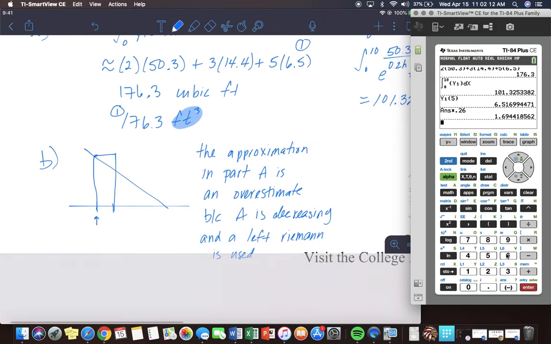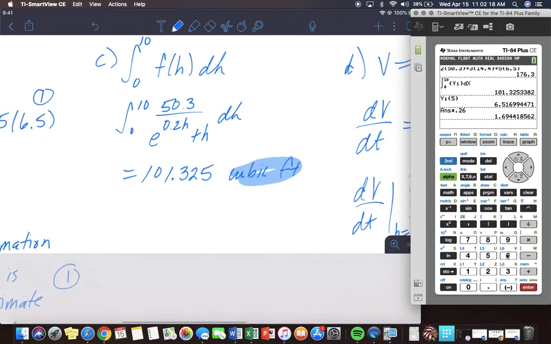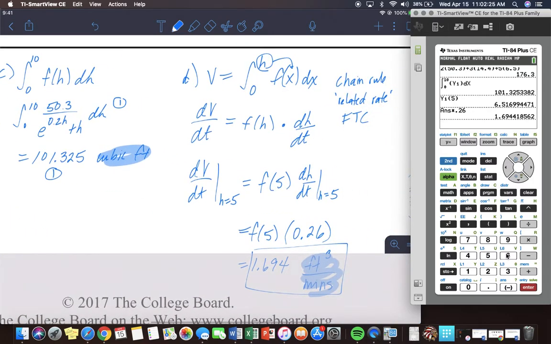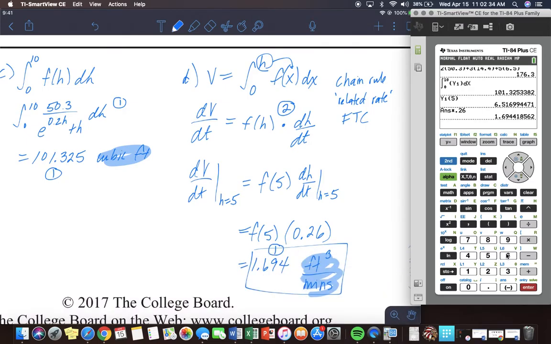In part B, it's just 1 point for your answer and your justification, or saying that it's an overestimate with your reason. In part C, you'd have 1 point for your integral and 1 point for your answer. And then in part D, it would be 3 points. It would be 2 points for this, which would be all or nothing, and then 1 point for your answer.